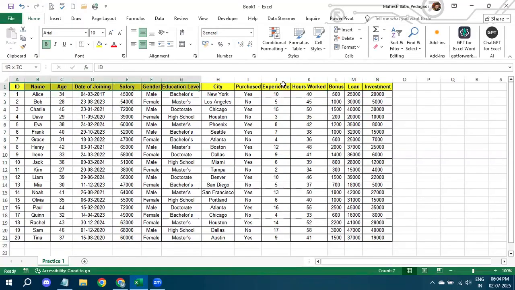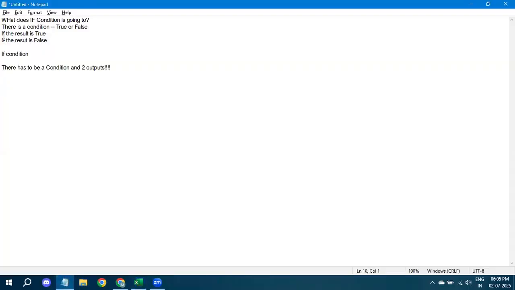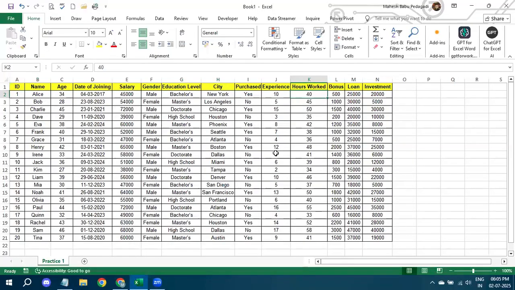When you are applying an if condition, it is applicable only on the numerical columns, but not on the categorical columns.